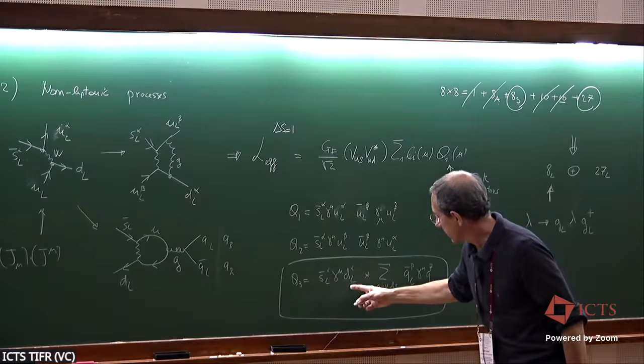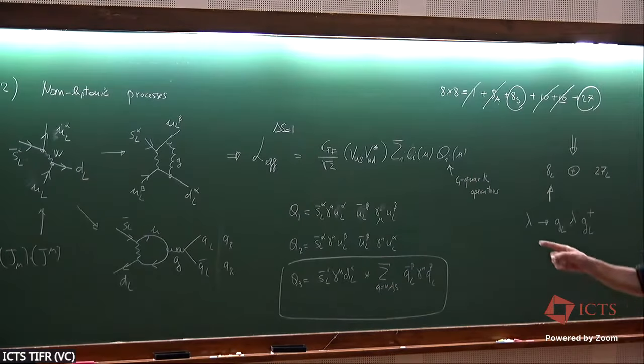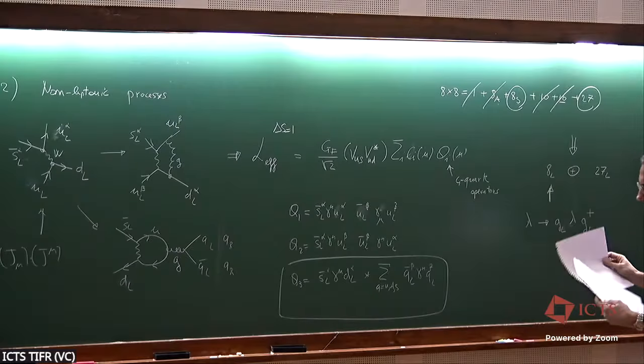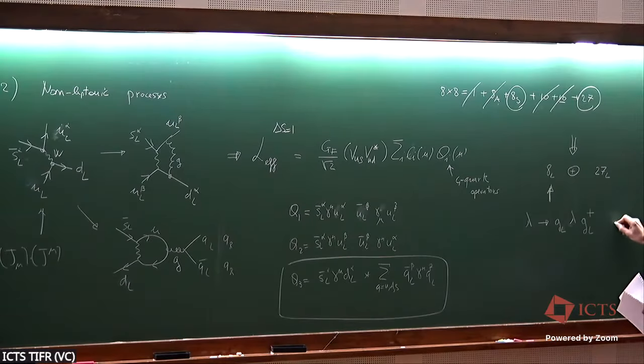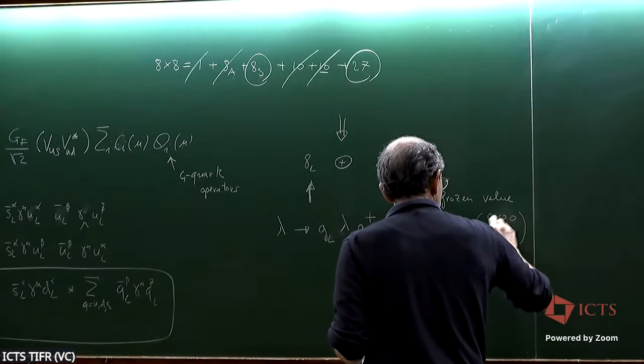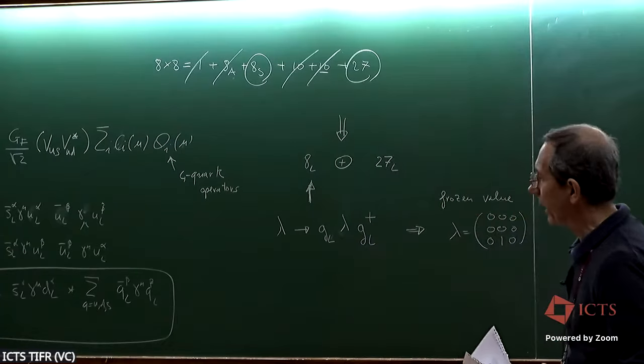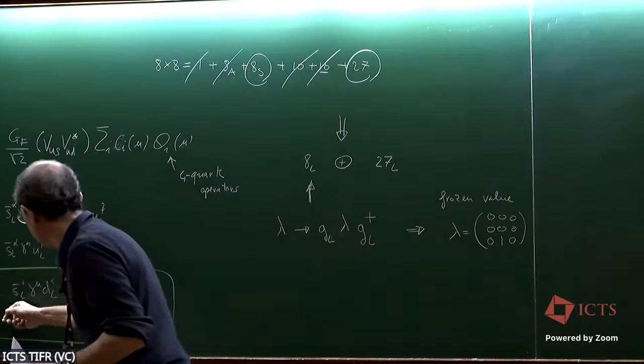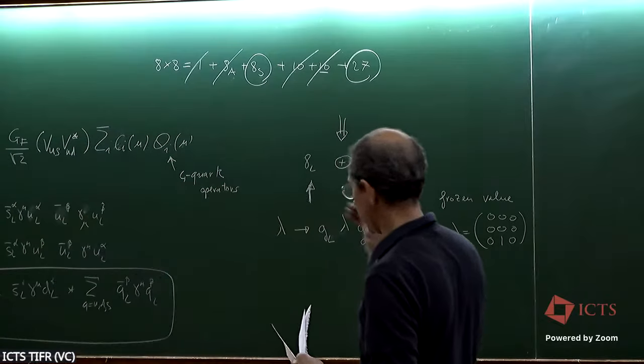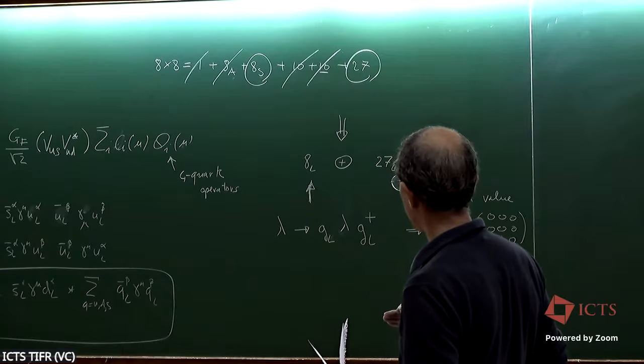So it's a spurion that selects only the 3-2 element. My spurion will have a well-defined structure, so I will freeze it, and it will pick up only the 3-2 entry, because I'm interested in delta S equal 1.